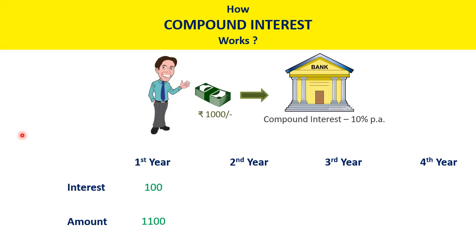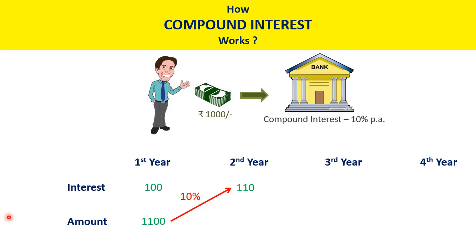Now the question is how much interest he will receive in the second year. It is not 100 rupees, it is now 110 rupees. Now the question is from where this extra 10 rupees came. This extra 10 rupees is the interest on the previous year's interest, that is 10% of 100, which is 10 rupees. Or in very simple language, it is 10% of the previous accumulated amount.